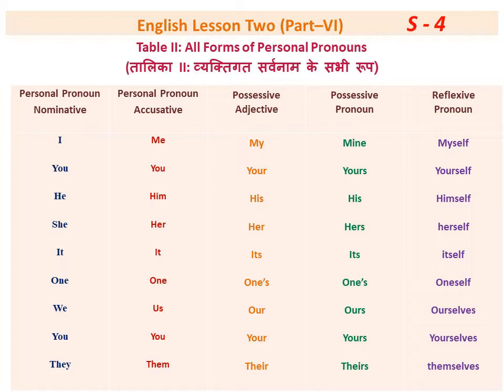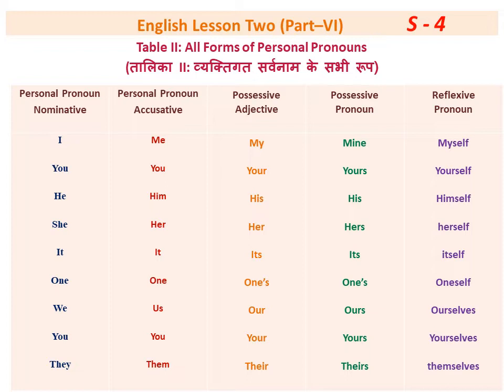He, him, his, himself. She, her, hers, herself. It, its, itself. One, oneself. We, us, ours, ourselves. You, yours, yourself. And the last, they.